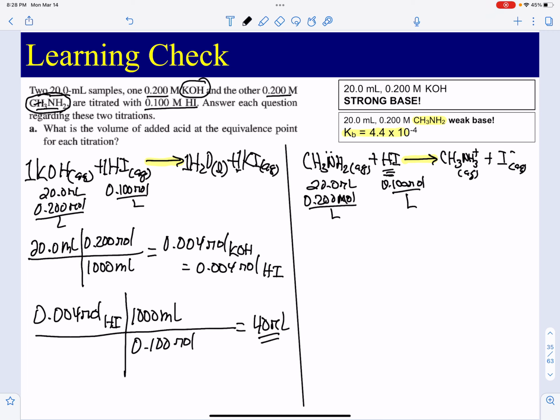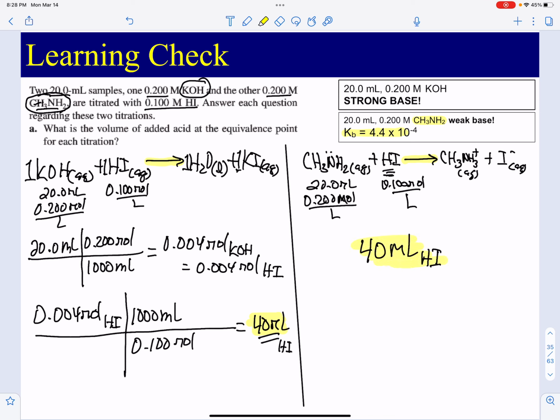So to answer the question, you're going to need 40 milliliters of the hydroiodic acid to neutralize that. We are lucky enough that the numbers are exactly the same for the other one, so you're also going to need 40 milliliters of the hydroiodic acid for this one.